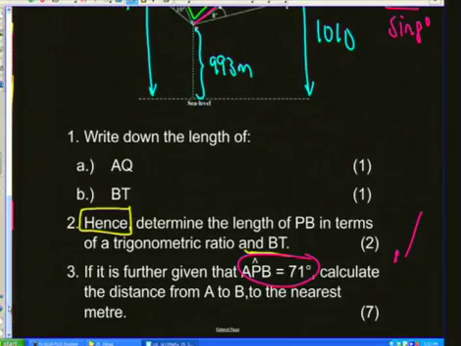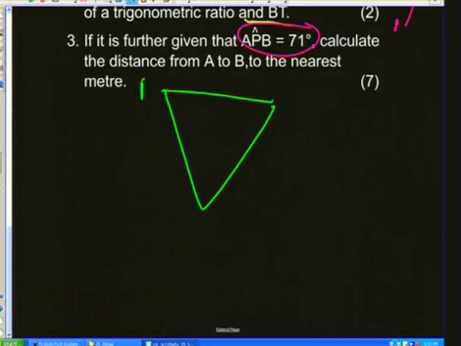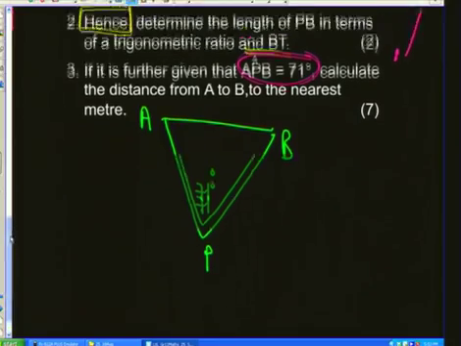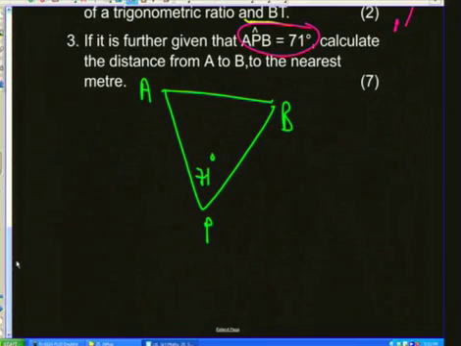So I'm going to draw APB down here so we don't lose the information. So here's my APB. This is A, P, B. That's 71 degrees. This length here, PB, we've worked out as 17 over sine 8.